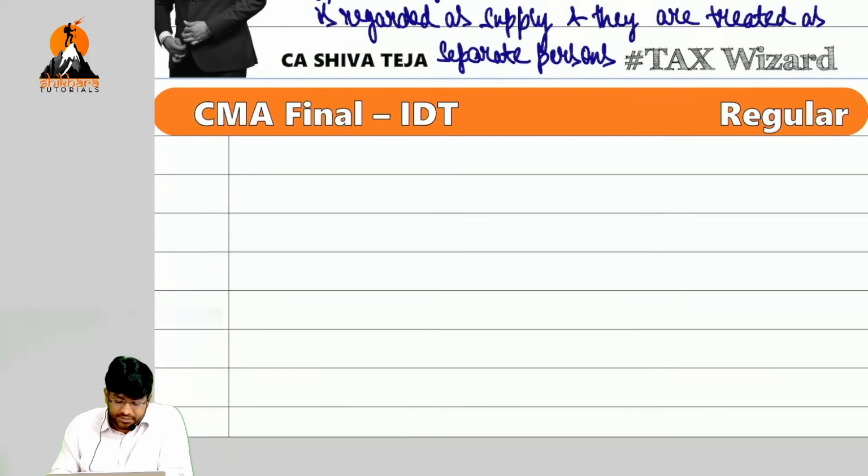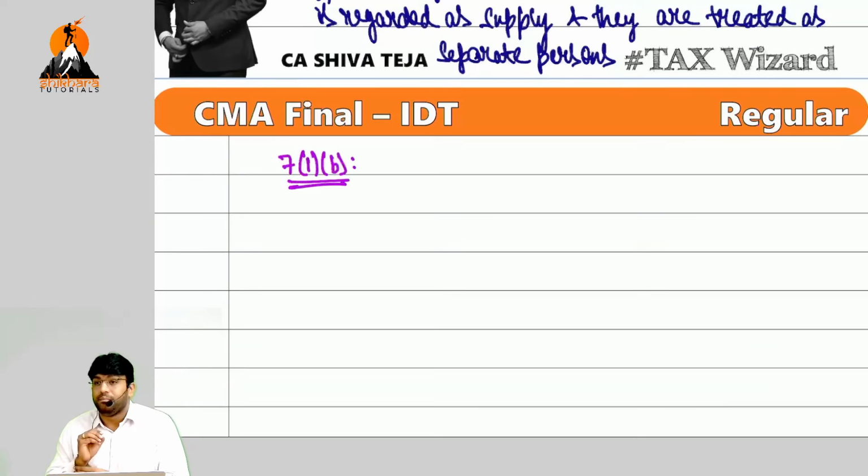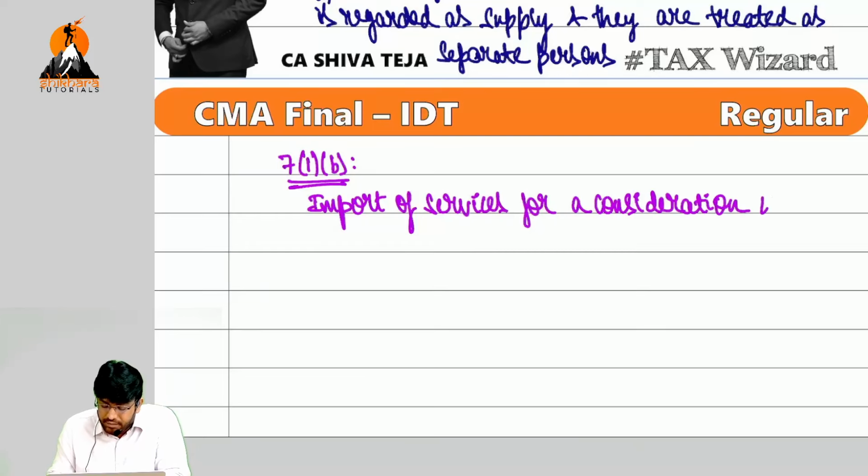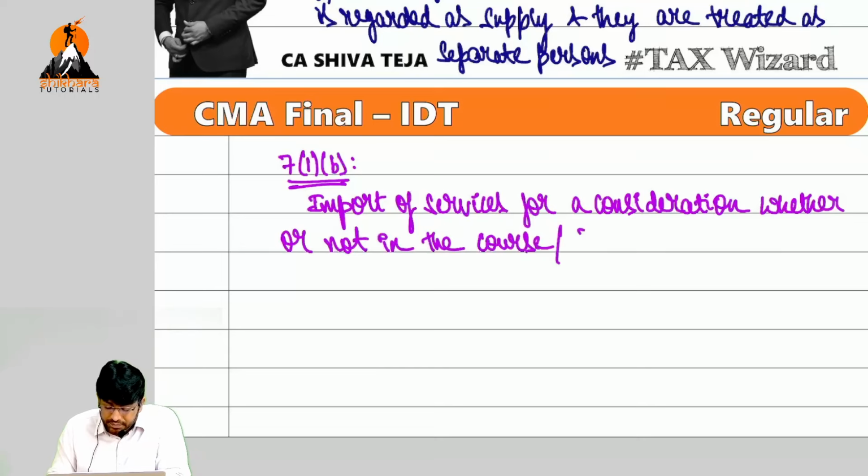Next point let me discuss. Section 7(1)B talks about import of services for a consideration, whether or not in the course or furtherance of business.